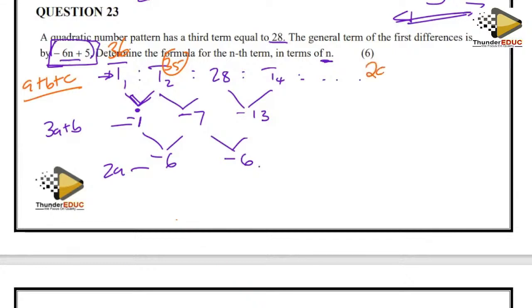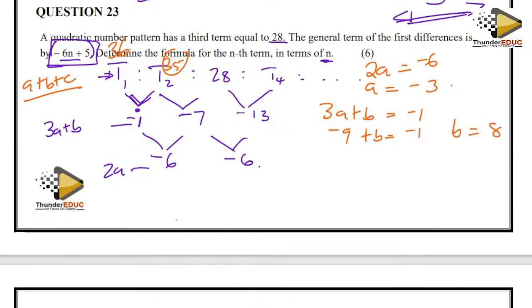Then I start. 2a is a negative 6, which means a is a negative 3. And 3a plus b is negative 1. Replace the negative 3, that's a negative 9, plus b is negative 1, which means our b is going to be just 8. And I transpose the 9. Then our a plus b plus c gives us a 36 that we saw.